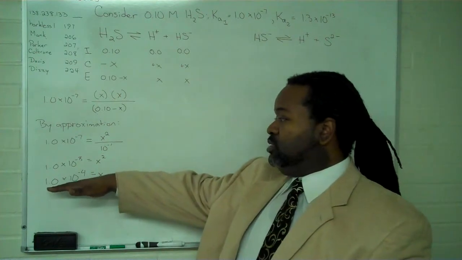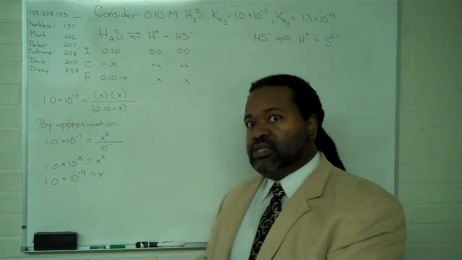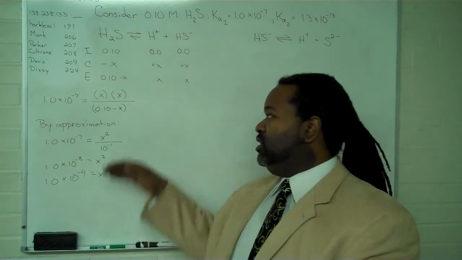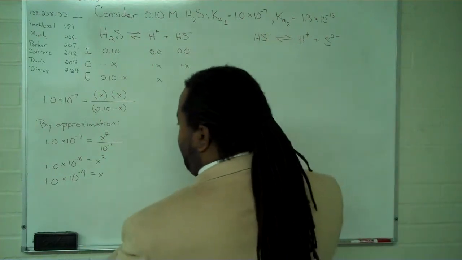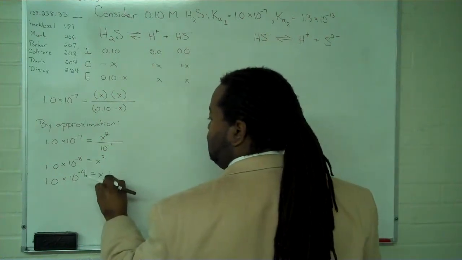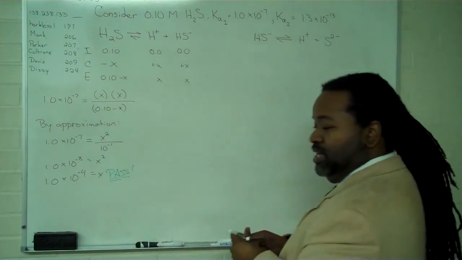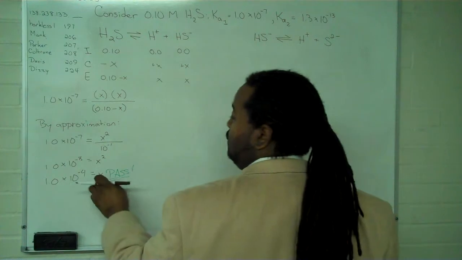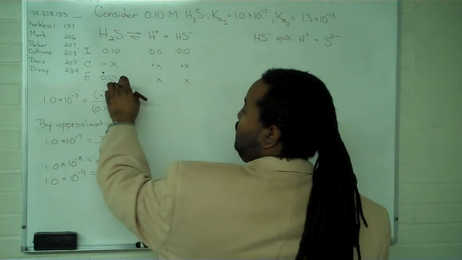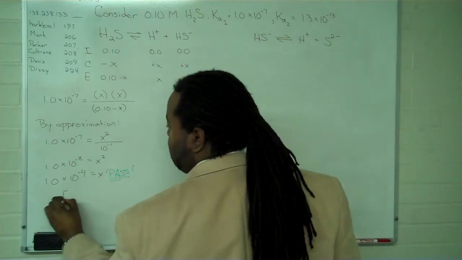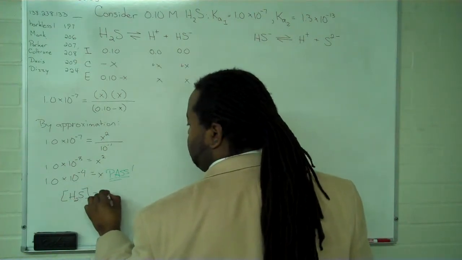And the question then becomes, is 1 times 10 to the minus 4 less than 5% of 10 to the minus 1? And this does in fact pass the 5% test. So, very happy about that because it allows us to take a value for x. Since we can neglect it safely, we now know the concentration of H2S.